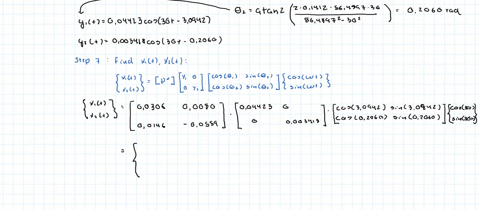The answer is minus 0.001325 times the cosine of 30t plus 0.4 times 0.6971, I apologize, my zeros look like 6 sometimes, times the sine of 30t.